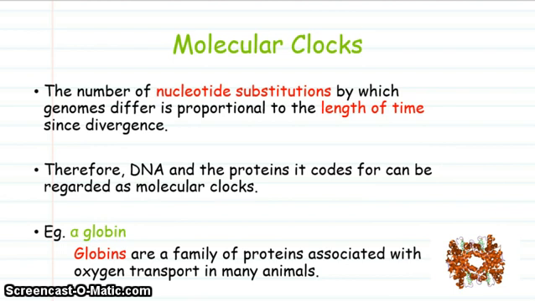For example, alpha-globin molecules are used in oxygen transport in many animals, and of course the differences in the genomes or the genetic sequences for these globins will give an indication of the time since divergence for various groups.